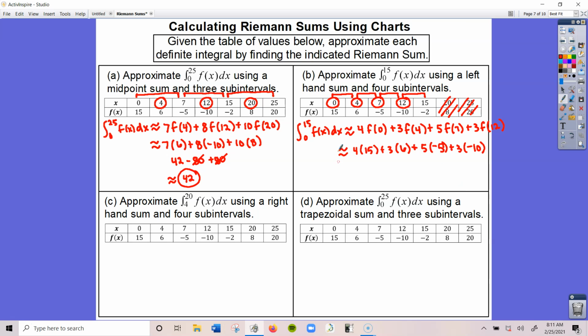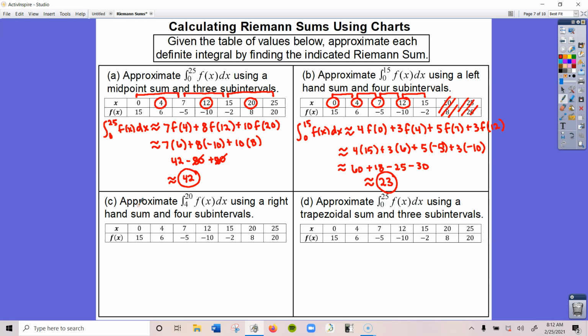And now we multiply and add all of this together. 4 times 15 is 60, plus 18, minus 25, minus 30. 60 plus 18 is 78. 78 minus 25 is 53, and 53 minus 30 is 23. So my area is approximately 23.